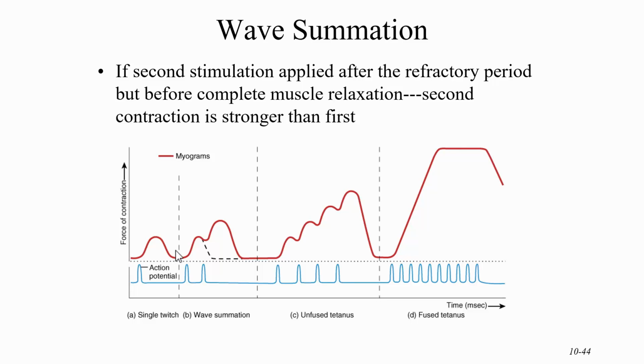Boom. Now if we hit it with a second stimulation, boom, here we're in refractory period. Once we're out of refractory though, and it hasn't totally relaxed yet, then boom, we can stack up another, stronger impulse. Okay, so this is wave summation.